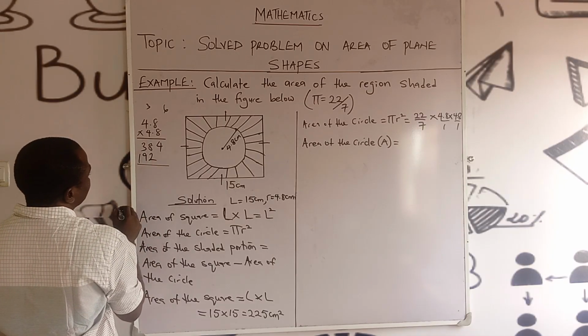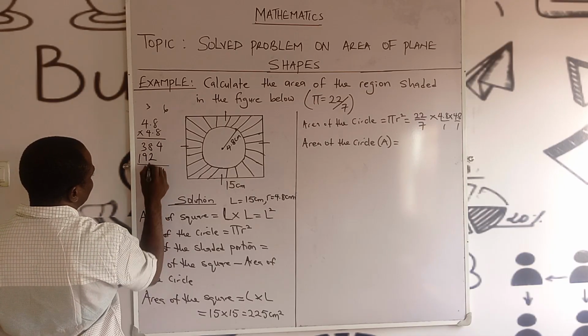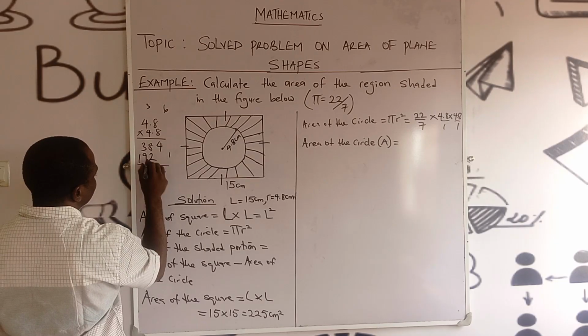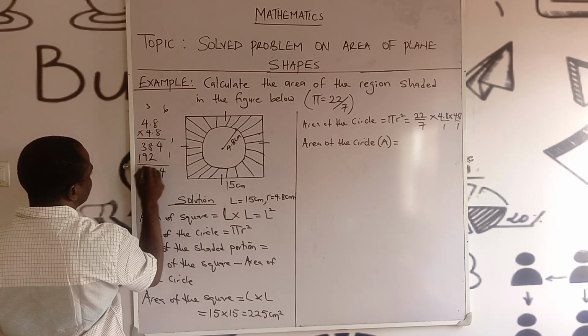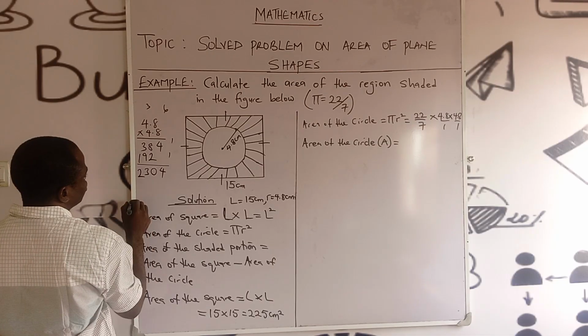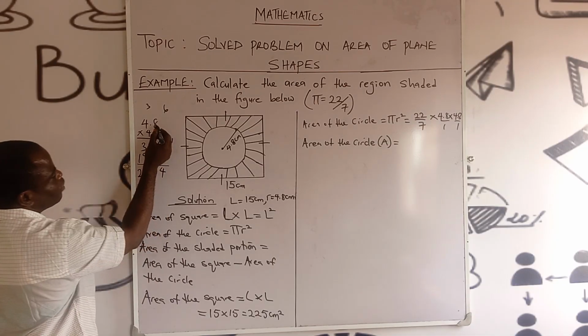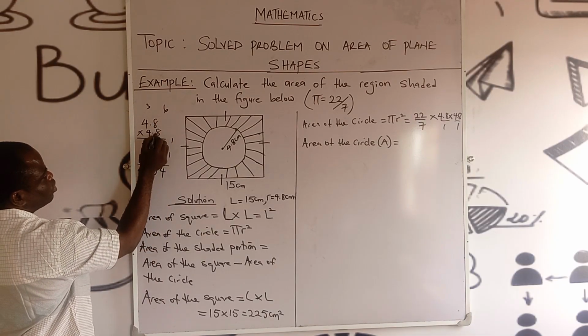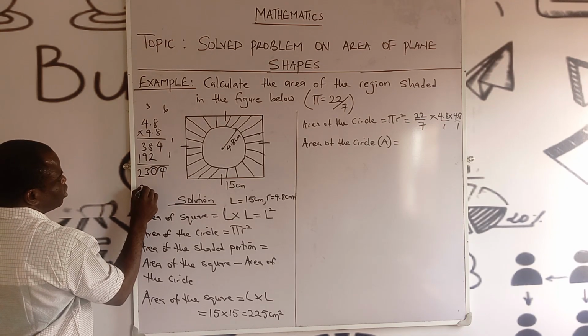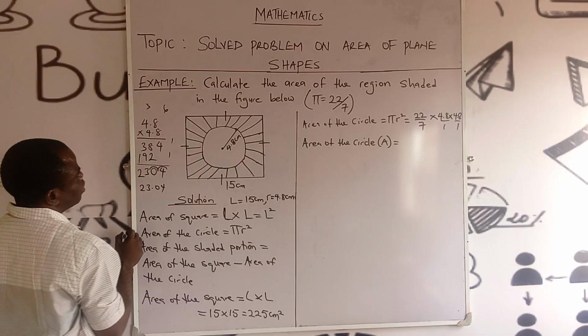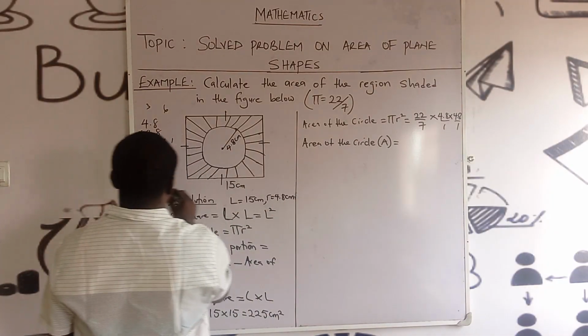Let's add it together. 4, 8 plus 2, 10, 0, carry 1. 9 plus 3, that's 12, plus 1, 13, carry 1. Add 1 to this, that's 2. Now shift. How many figures after the decimal? 2, 1, 2. Now shift, and that's 23.04 times 22.